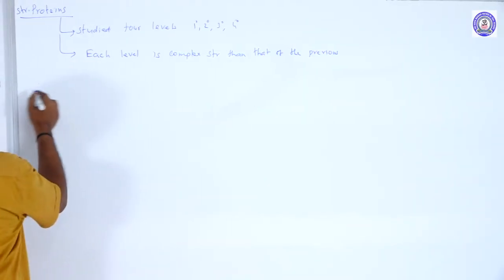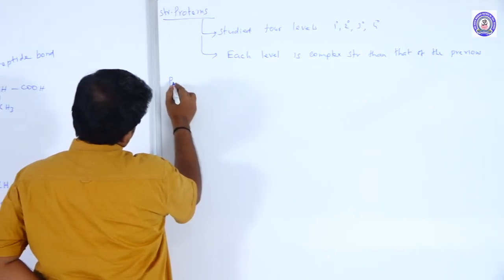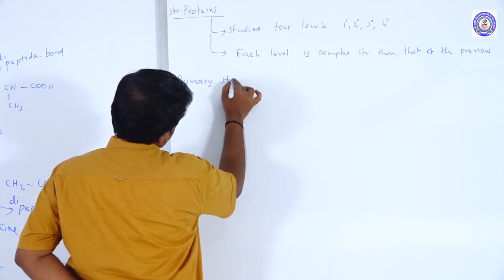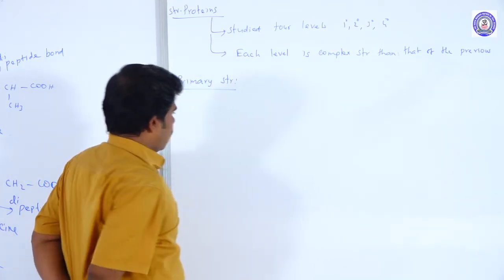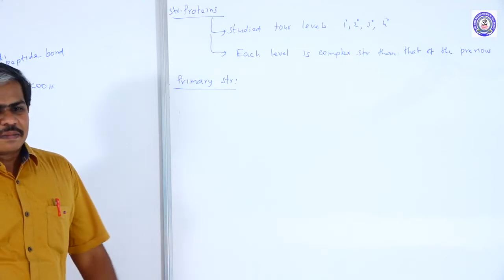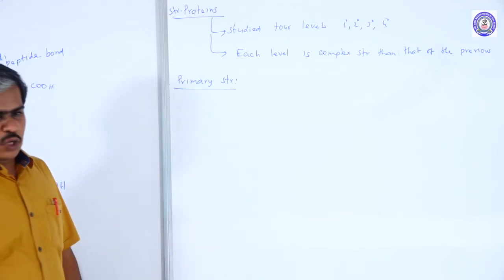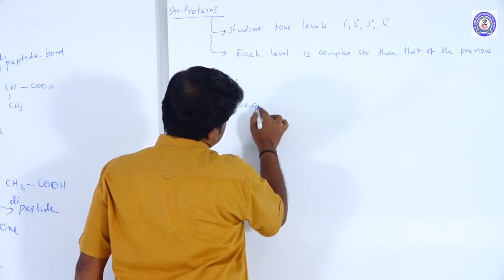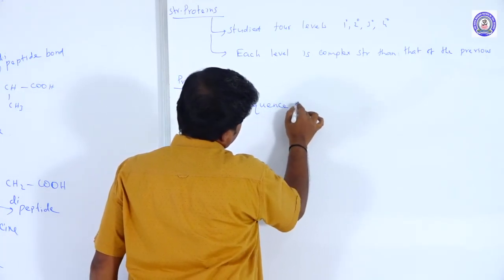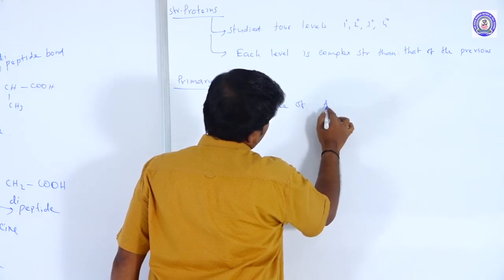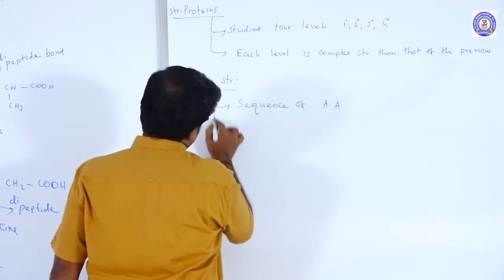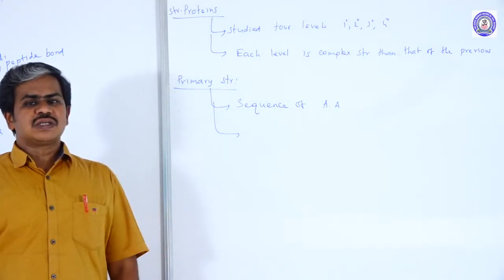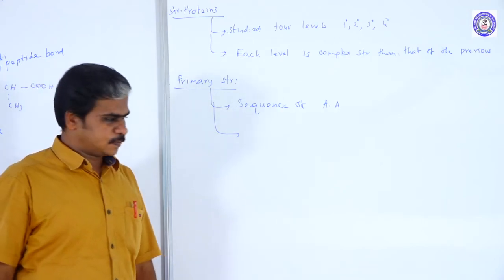Now we may take the primary structure. Primary structure represents the sequence of amino acids. And the sequence of amino acids determines the biological function.